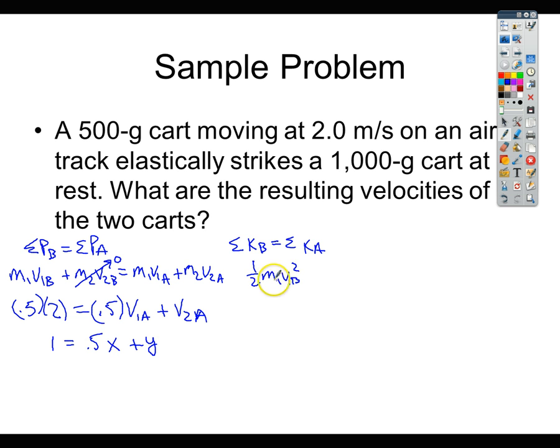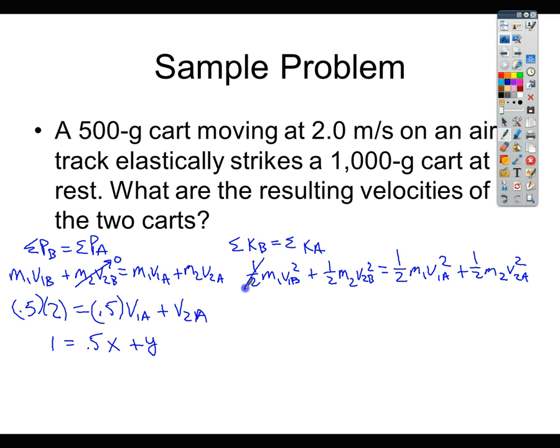So this is the mass of the first times the speed of the first object before the collision squared, plus 1/2 times the mass of the second, velocity of the second before squared, and that should be equal to 1/2 times the mass of the first times the speed of the first object after squared, plus 1/2 of the mass of the second times the speed of the second after squared.